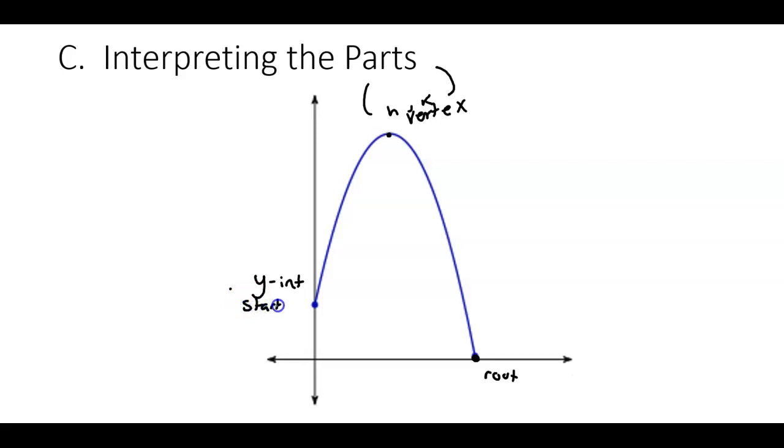Starting height, right? That's the starting height. What do you think that the root represents? The final height, or the place where it lands, right? So the final height is equal to 0, or when it lands.